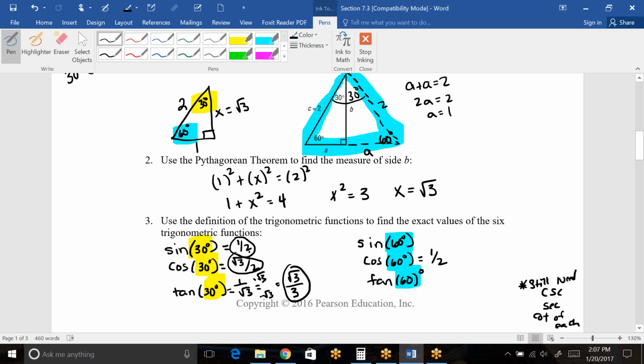So sine of 60 should be cosine of 30. And then we can't do anything here because I didn't find cotangent, but I can find tangent of 60 pretty easily. So that would be opposite over adjacent, which is square root of 3 over 1, which is just square root of 3. It was just the reciprocal property.